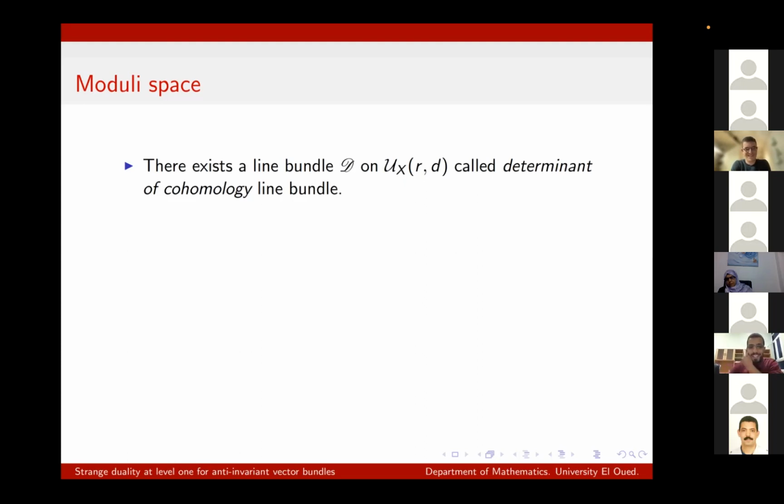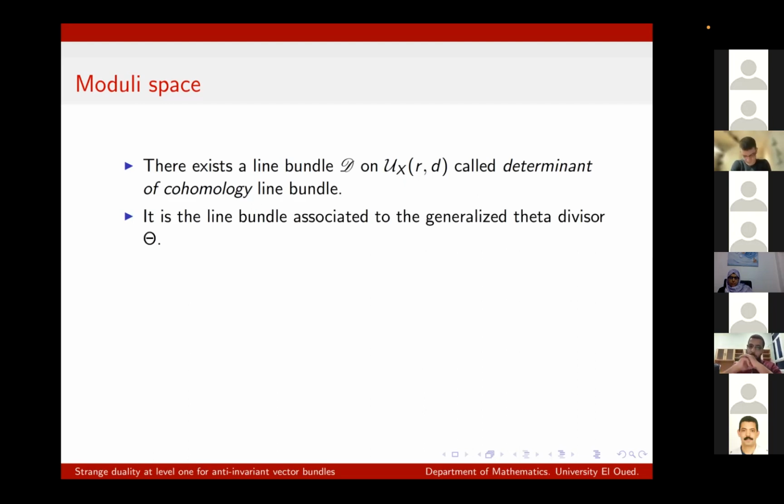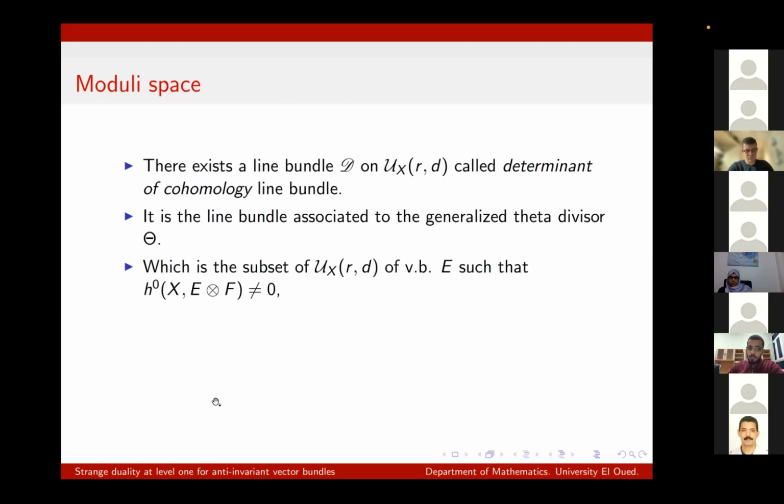Okay, but there is an easier definition which uses the generalized theta function. We can define this line bundle as the line bundle associated to the theta divisor, which is a hypersurface in this moduli space defined by vector bundles.